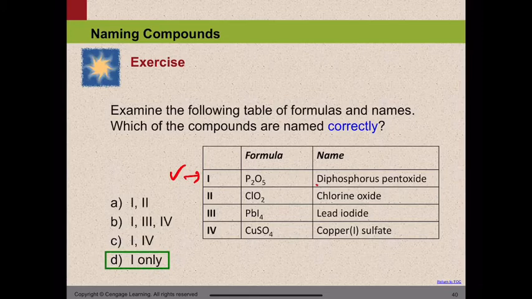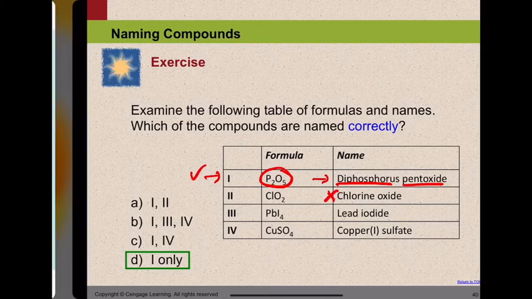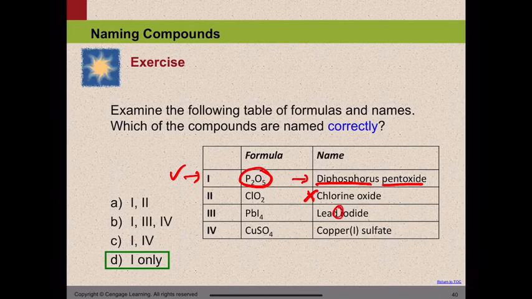This is diphosphorus pentoxide. This is covalent, and we use prefixes. ClO2 is also covalent, so prefixes should have been used. PbI4 is lead iodide, except lead has multiple oxidation states, so this should have a Roman numeral. And this is not copper(I) sulfate, but copper(II) sulfate.